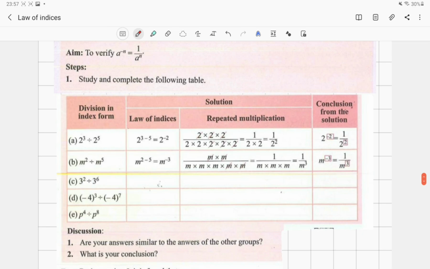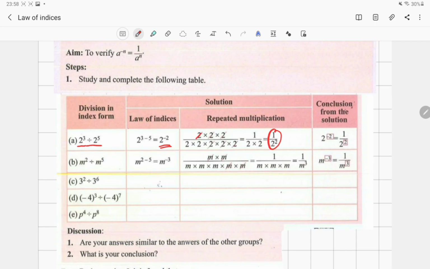Based on this table, you have 2 to the power of 3 divided by 2 to the power of 5. When we use the law of indices, we will get 2 to the power of negative 2. And if we use the repeated multiplication, we will get this answer, which is 1 over 2 power of 2.